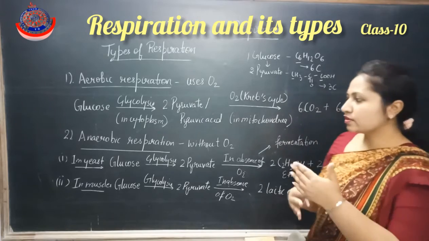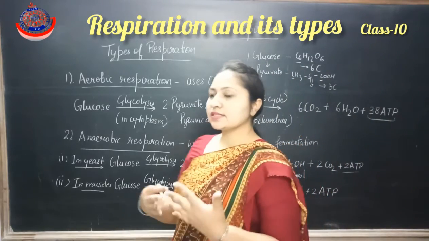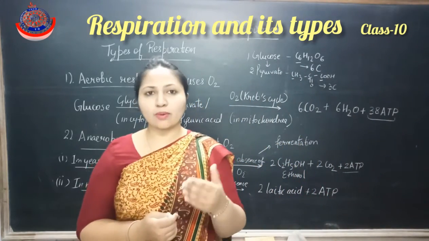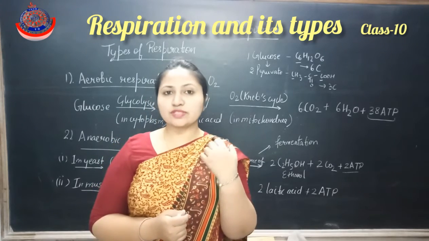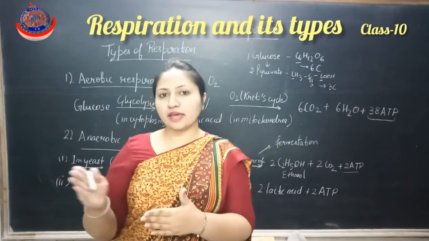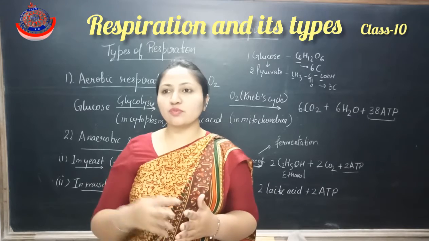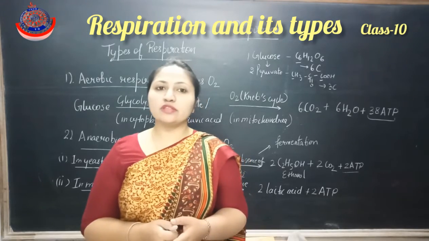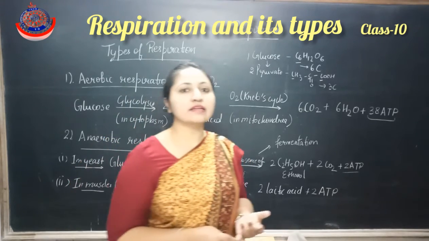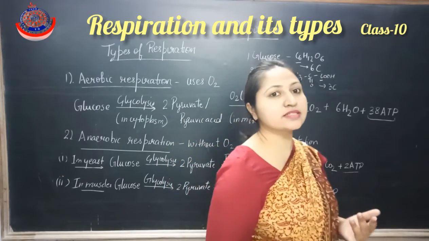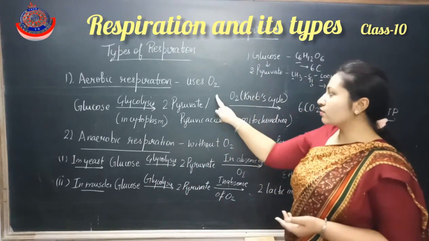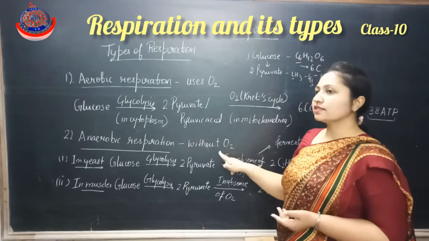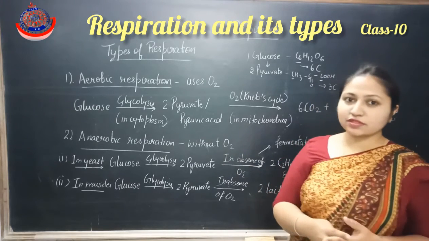So now we summarize the points of aerobic and anaerobic respiration. What are the differences between the two? First, aerobic respiration occurs in the presence of oxygen, and anaerobic respiration occurs in the absence of oxygen.